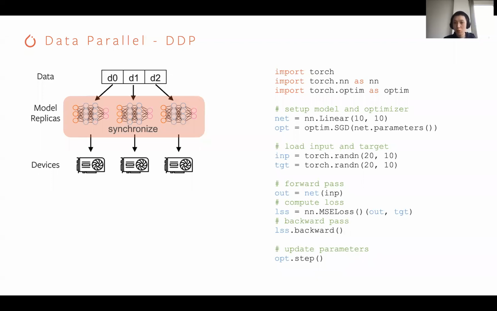This code sample shows one local training example. In the first 3 lines, it imports PyTorch and some basic concepts from PyTorch. torch.nn is the neural network module, which contains building blocks for neural network layers, and torch.optim is the optimizer module, which contains optimizers. In the next line, net equals nn.Linear, we are creating a toy model using just one linear layer.